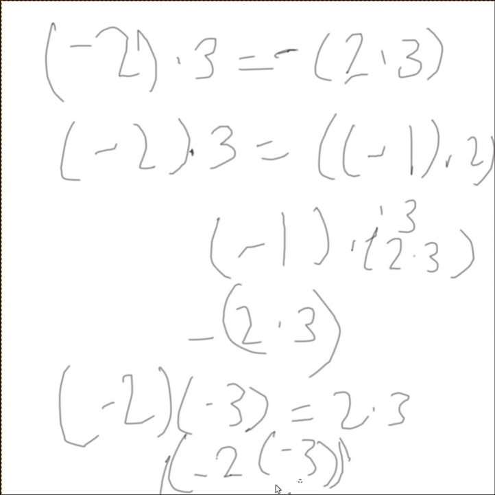Alright, so we're multiplying by negation. So we can take this out right here. So it's the negation of 2 times 3. And that is negation of negation. That's a positive. That's 2 times 3.